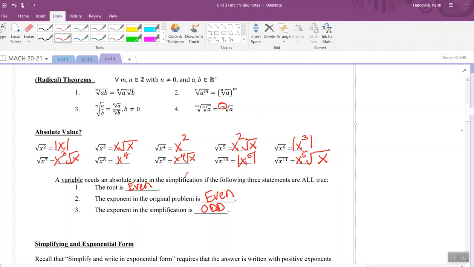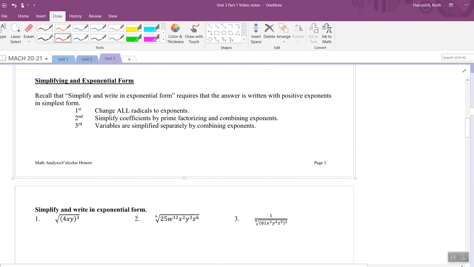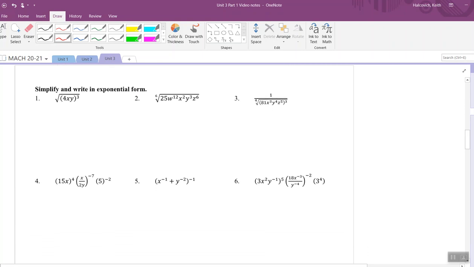All right, so then simplifying into exponential form, there's 3 things. We're going to change all radicals to exponents, simplify the coefficients by prime factorization, and then the variables are simplified by separately combining exponents. So for example, here, this is actually 4xy to the third to the 1/2 power.